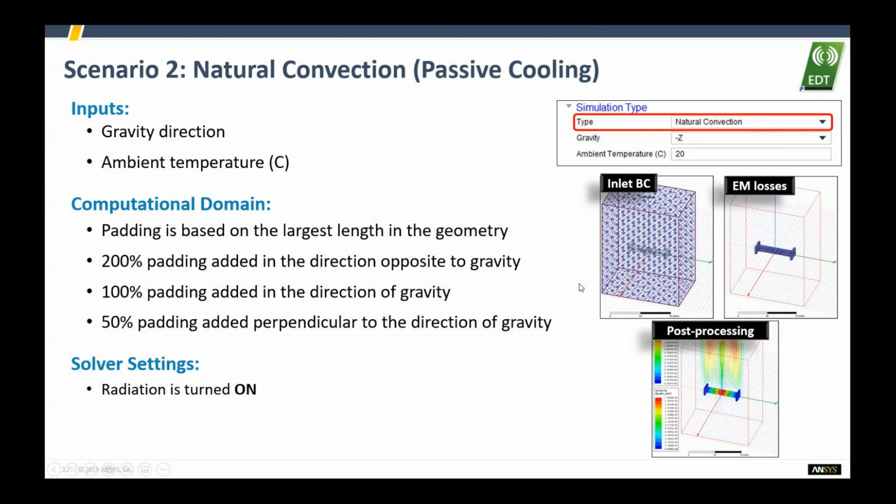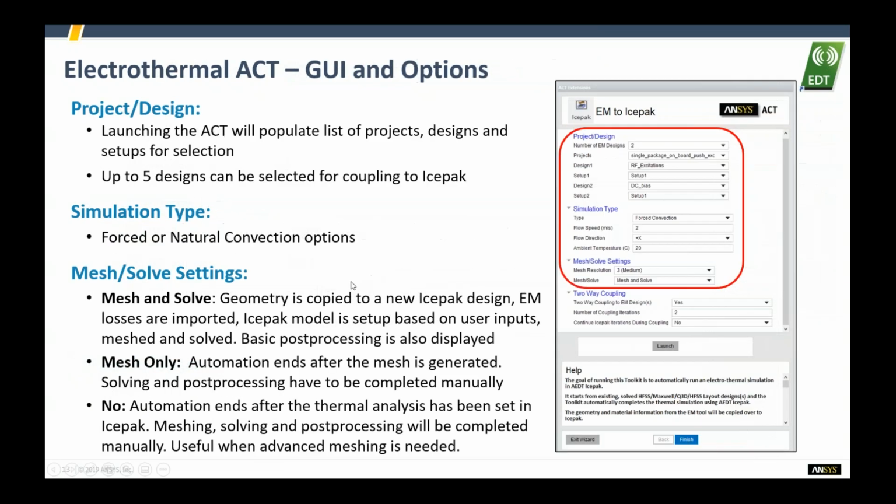Computational domain is, in this case, we have to specify 200% padding in the direction opposite to the gravity, 100% to the direction of the gravity, 50% perpendicular to the direction of the gravity. So nice and simple. Everything is ready at this moment, so all we need to do is click launch in the ACT.